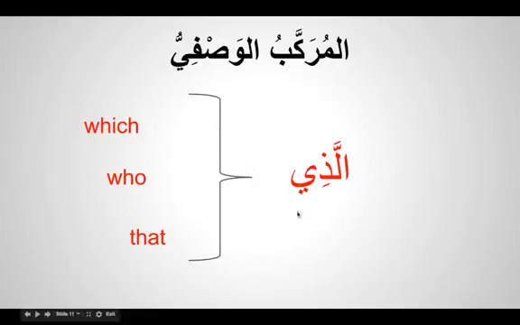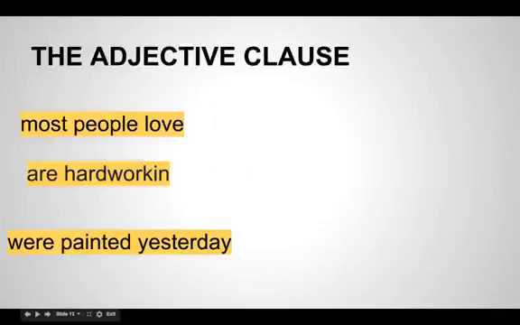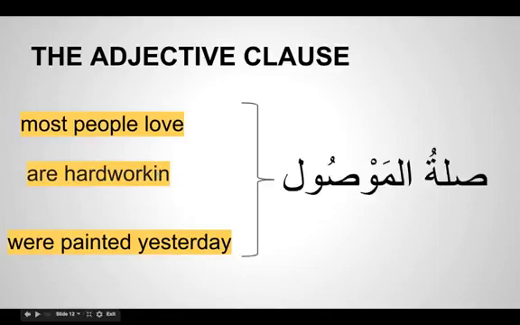So what is this alladhi called? Alladhi is called ismu mausul. The subject word is called ismu mausul, and after it there is a phrase which describes it. In English we call it a phrase, and in Arabic it's called silatul mausul.